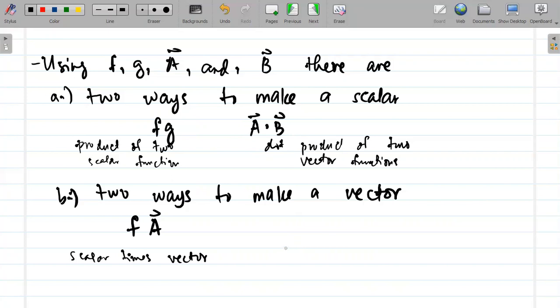A cross B. So, yes, correct. A cross B. So, this is the cross product of two vectors. So, yan yung ating ways to make a scalar and ways to make a vector.